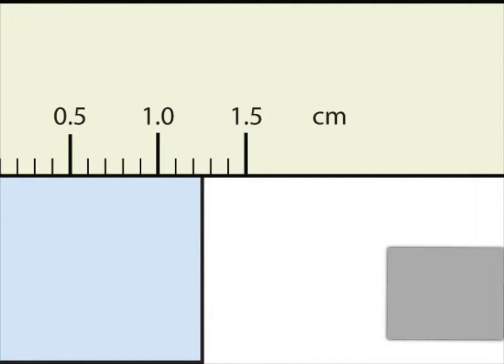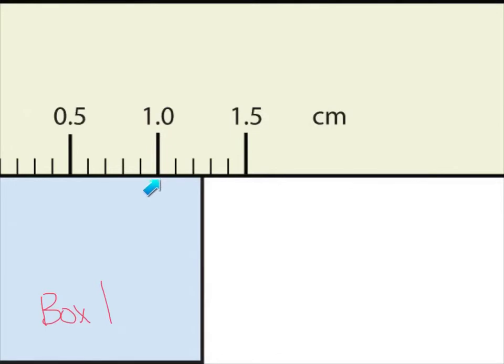I'll do a better job of explaining that here in a few seconds. But let's take a look at this. If we look at our ruler, we're looking at this blue box right here, which we're going to label as box 1. We know with certainty that this box is at least 1 centimeter long.